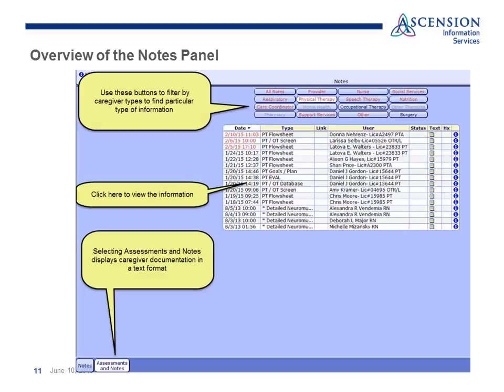The next panel is Notes. Selecting Assessments and Notes is the best way to view caregiver documentation in a text format. Use the filter buttons to display a particular type of documentation, for example, nutrition notes. Although some provider notes might display here, it is always best to use the Other Reports panel where both dictated documents and electronic documentation will all be displayed.